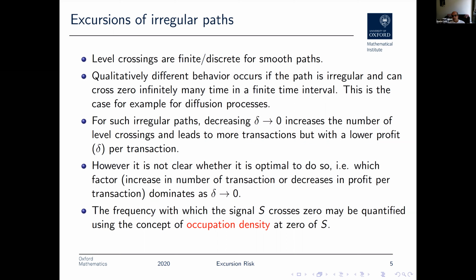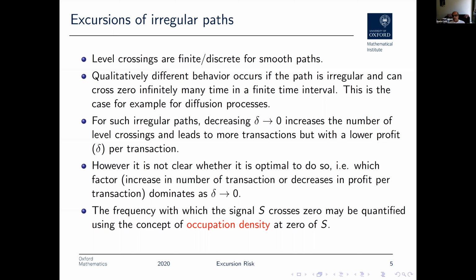The zero crossings of Brownian motion are captured in the concept of local time. You may be familiar with this. The concept of local time is necessary because Brownian motion can actually hang around zero many times. It can oscillate around zero and accumulate a positive occupation time at zero.